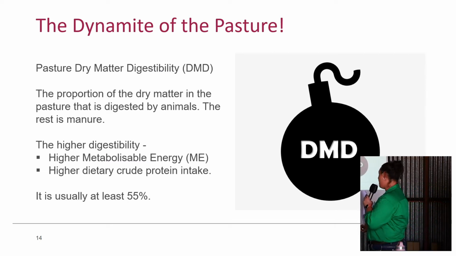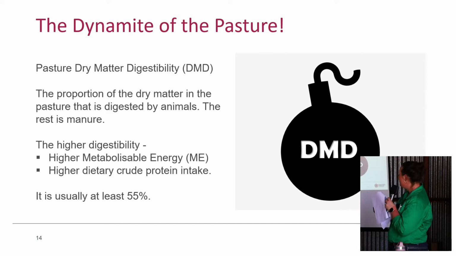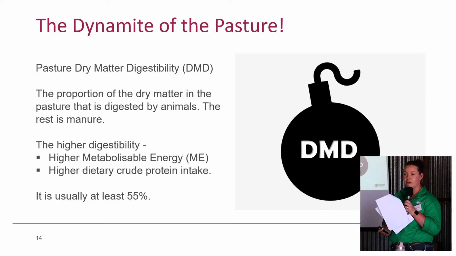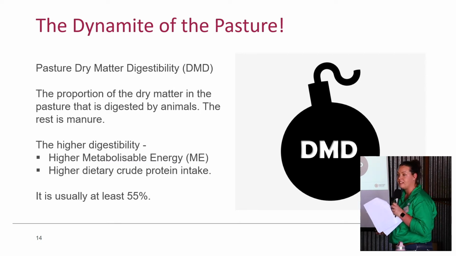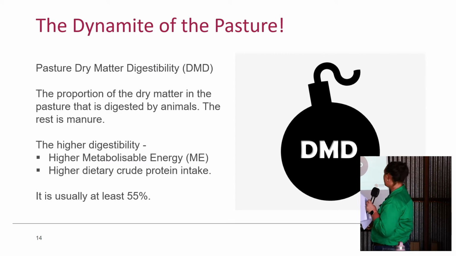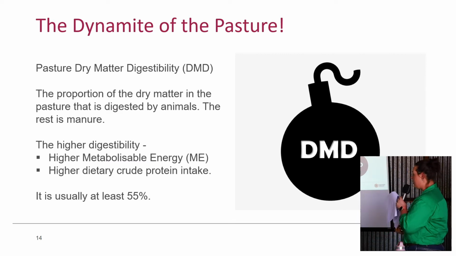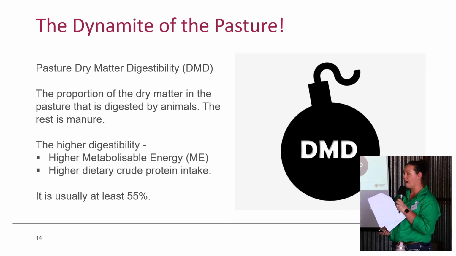That is the dry matter digestibility. That's the part of the dry matter that can actually be used and consumed by the animal. The rest of it turns into manure. So the higher the digestibility, the higher the metabolizable energy, and the higher the dietary crude protein.